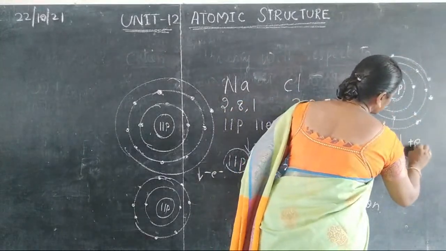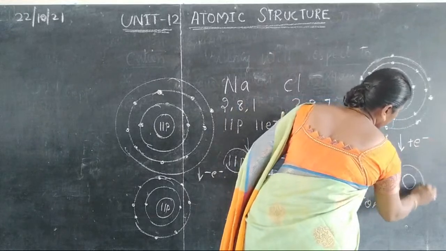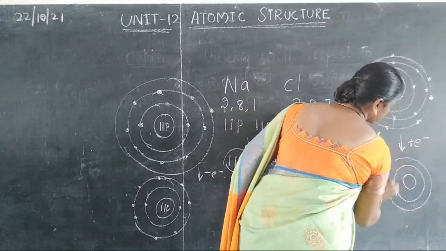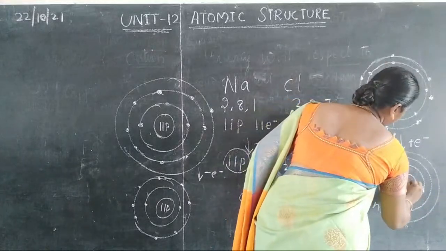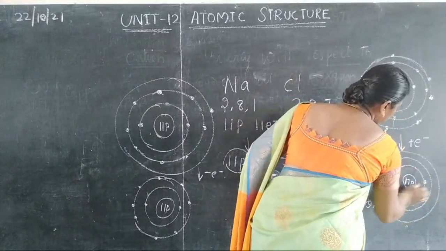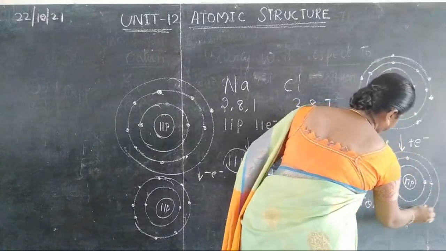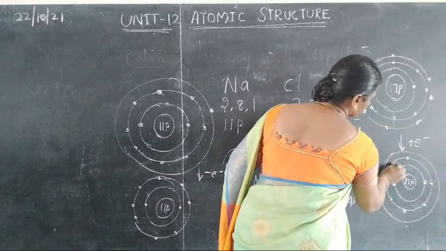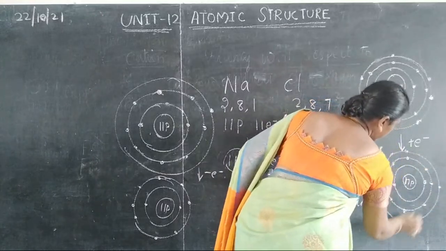If this chlorine gains an electron, it becomes stable: 17 protons but 18 electrons, and the outermost shell has 8 electrons.